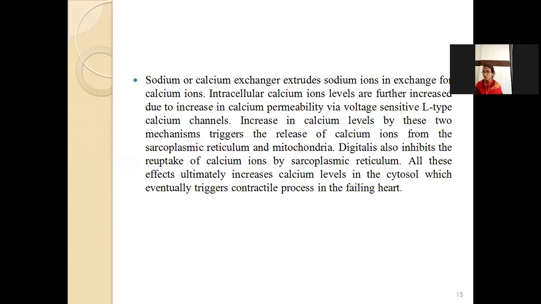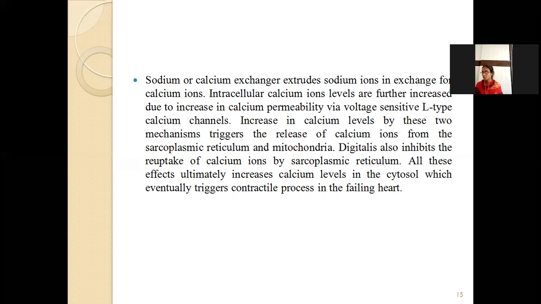So in order to avoid it, we are taking this drug to inhibit the reuptake of the calcium ions and also to inhibit the functioning of the sodium and potassium channels in order to protect our heart.